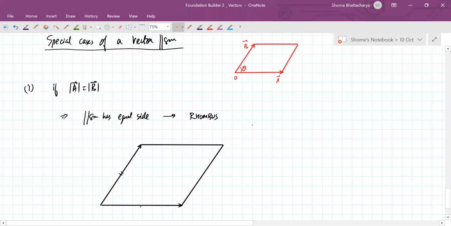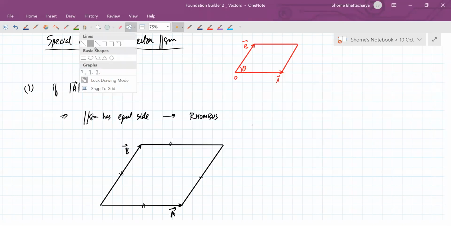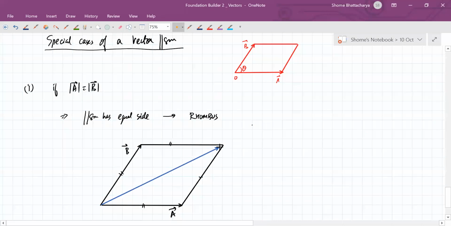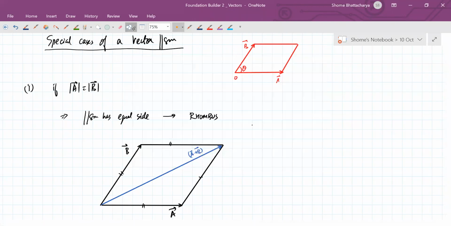So this side is equal to this side and the other two sides. So then the relevant property from the vector's point of view is that the two diagonals, which are nothing but the sum and difference of the two vectors, A plus B and A minus B, the secondary diagonal, have two interesting properties.